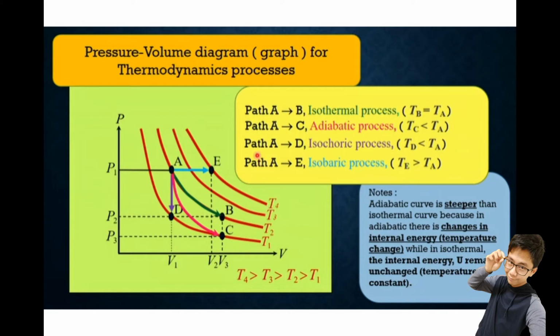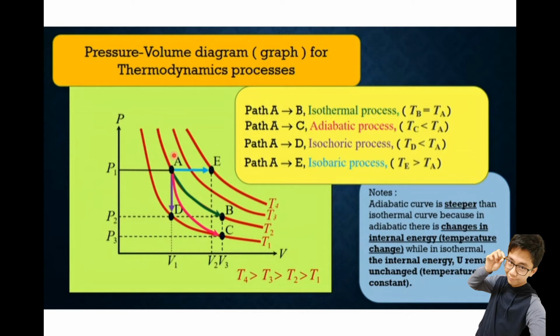Okay, so the next one, path AD. Okay, this vertical line, purple line, is an isochoric process. The temperature at point D is less than the temperature at point A. So in this one, the constant is the volume.